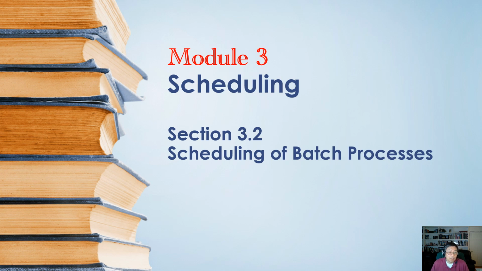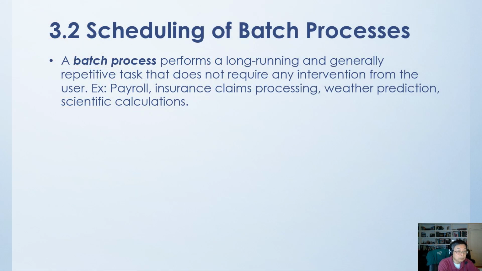So, in section 3.2, we're going to talk about the scheduling of batch processes. A batch process performs a long-running and generally repetitive task. It does not require any intervention from the users.